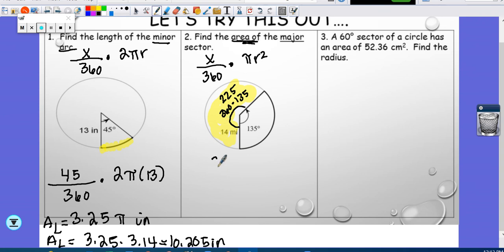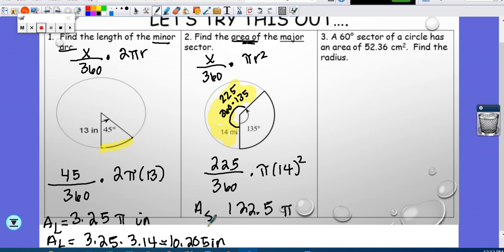since they're asking me for the area of this sector here, so it's asking me for the inside. So I would do 225 over 360 times pi times 14 squared. So you can do decimals, type this in, times 14 squared would give us 122.5 pi.